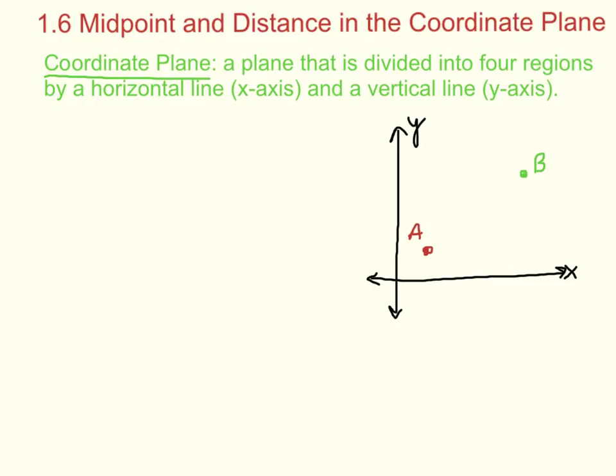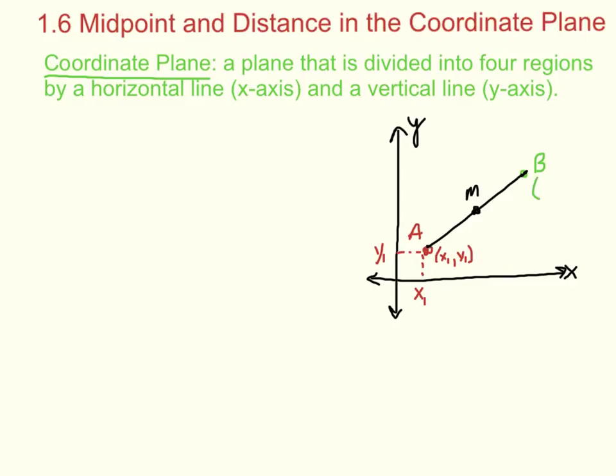Now if I connect those, I'm going to call its midpoint M. So here's how it looks. The coordinates of point A, even though we don't have numbers, so we're pretending that we don't know any numbers here, are going to be x1, comma y1, because this is going to be the first x value, this is going to be the first y value.